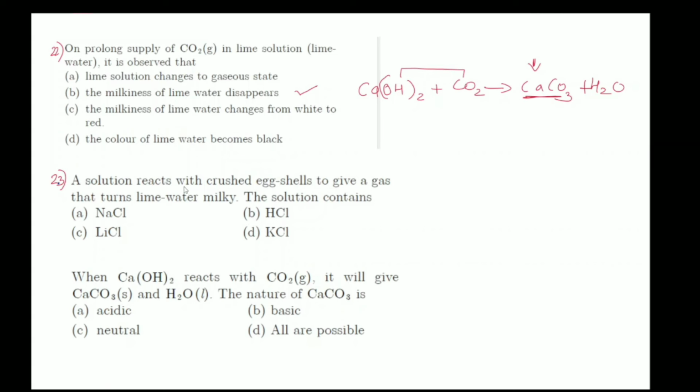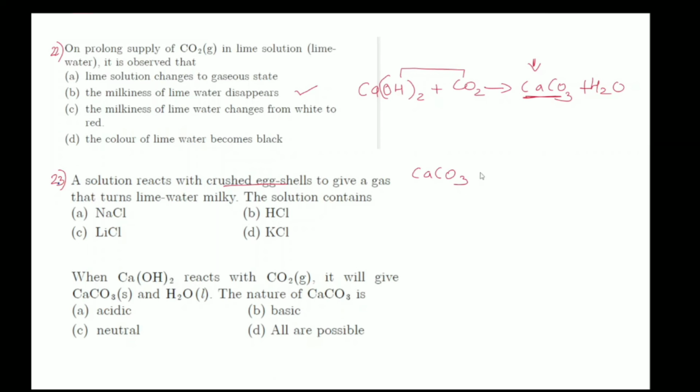A solution reacts with crushed eggshell to give a gas that turns lime water milky. The solution contains NaCl, HCl, LiCl, or KCl. What does eggshell contain? Eggshell is made up of calcium carbonate.